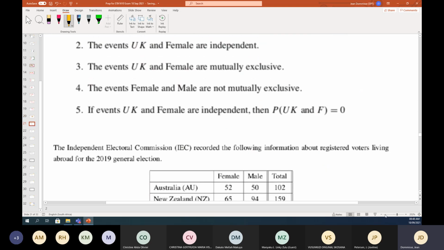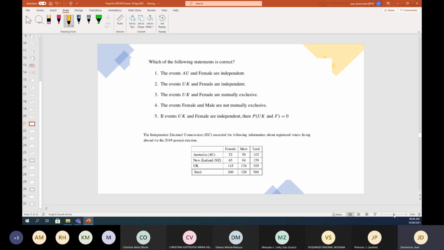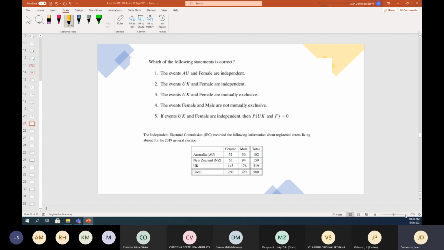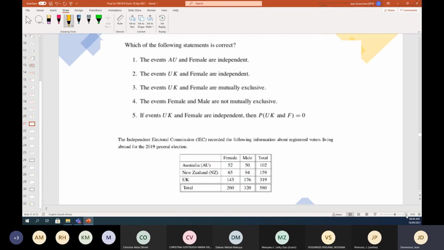So let's get to another one. Okay, so here they give us the IEC recorded the following information about registered voters living abroad. So here we have people living in Australia, New Zealand, UK, male, female.